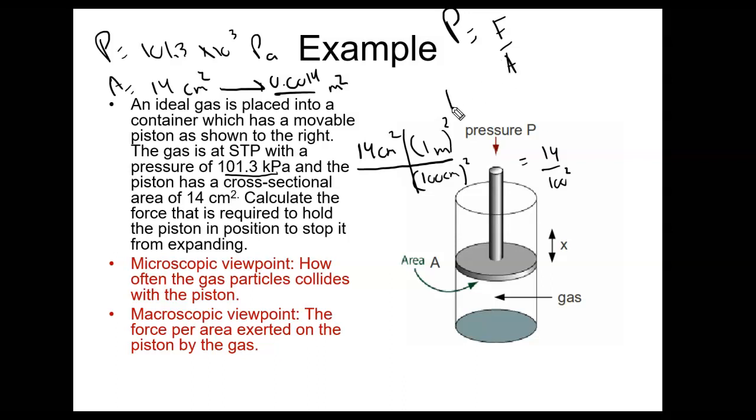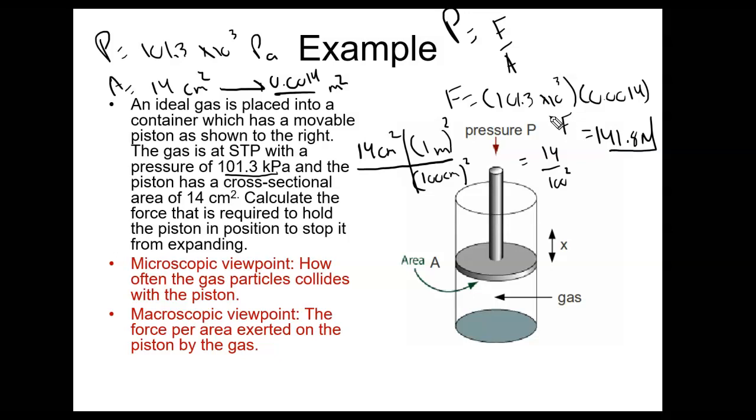We're looking for F. F would be P times A, so 101.3 times 10 to the 3 times 0.0014. The force that we have to apply to withstand all of these gas collisions, I'm just going to type this into my calculator, is 141.8 newtons.